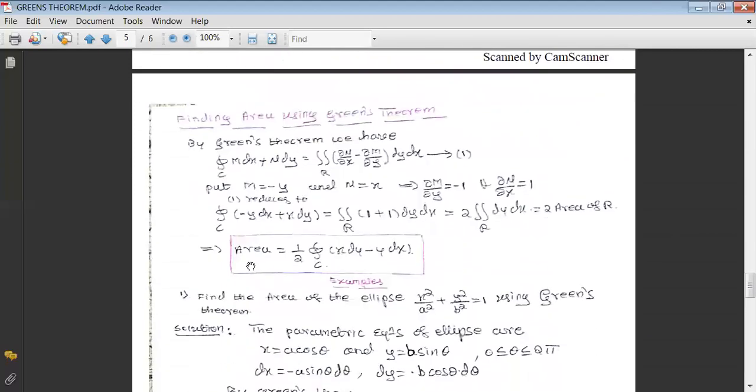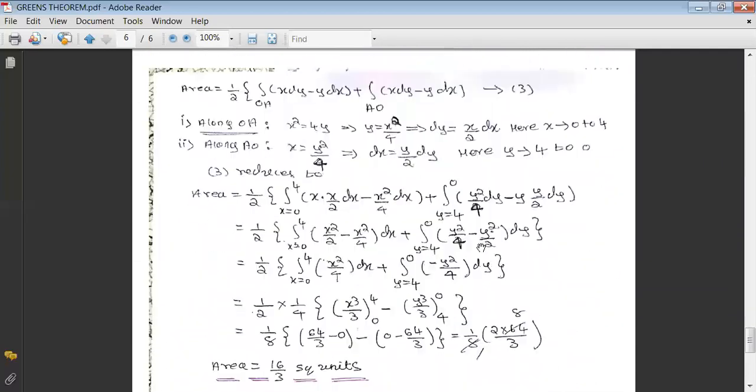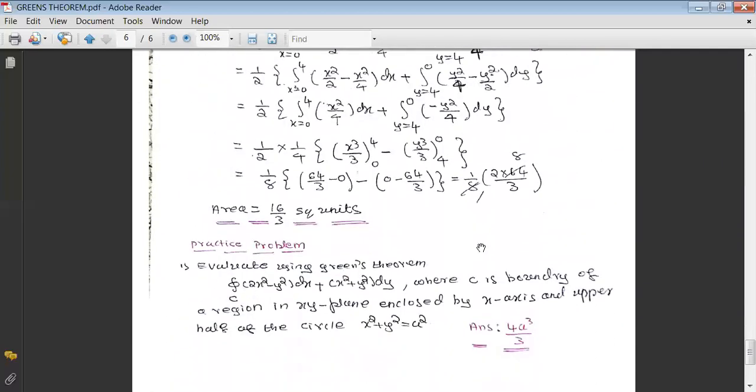Using the formula, area is given by 1 by 2 times the integration over the closed curve C of x dy minus y dx. These are some standard examples on Green's theorem and its application to evaluate the line integral as well as to find the area bounded by the curves.